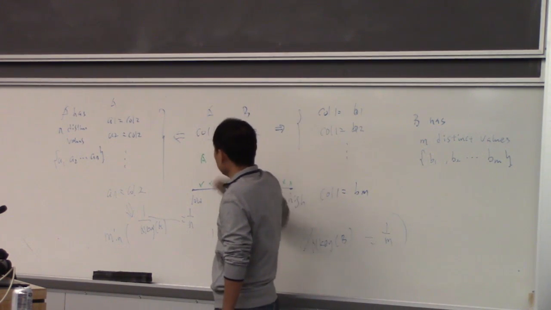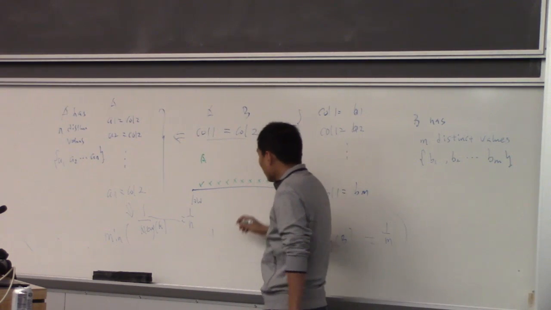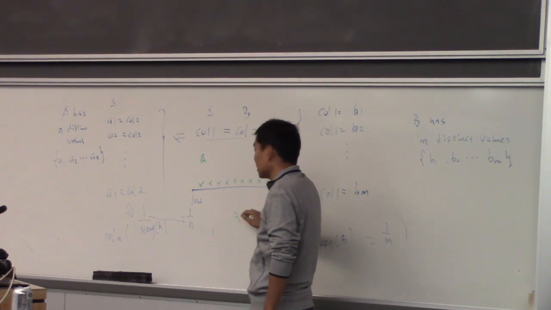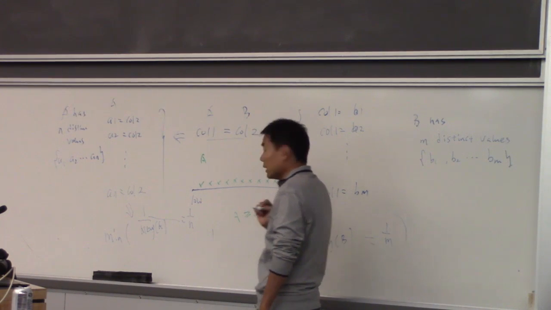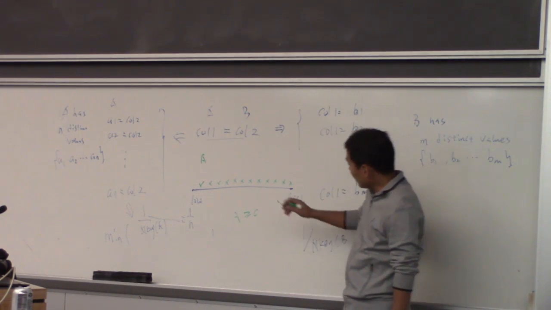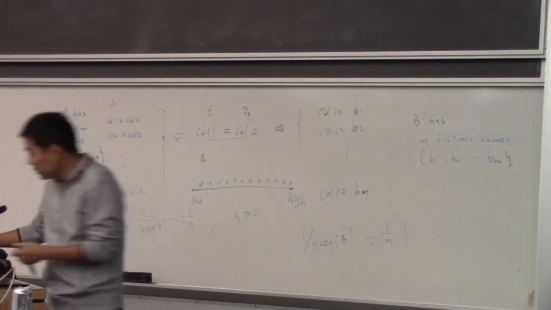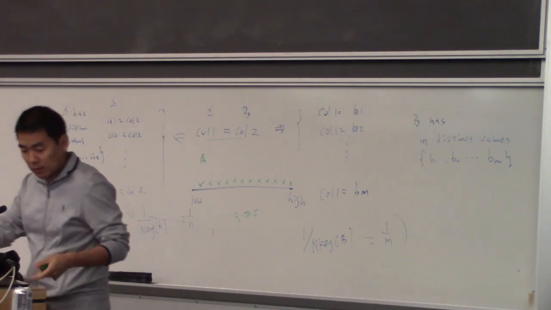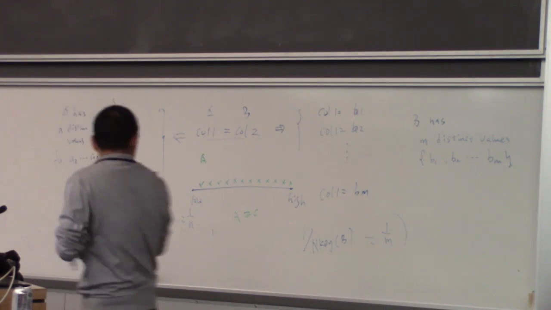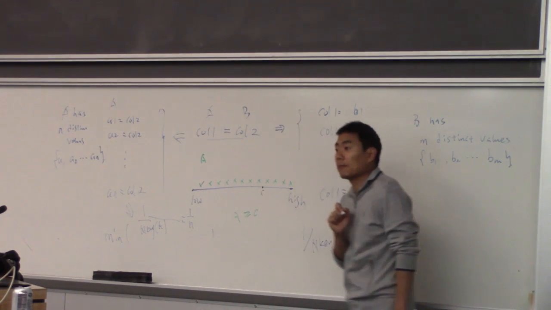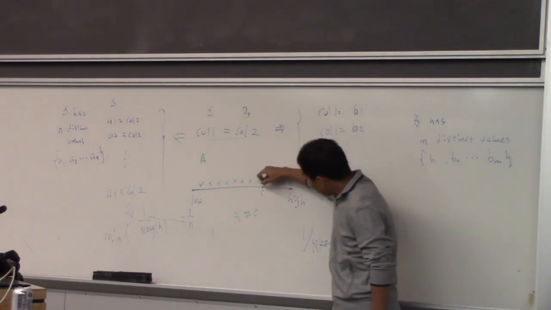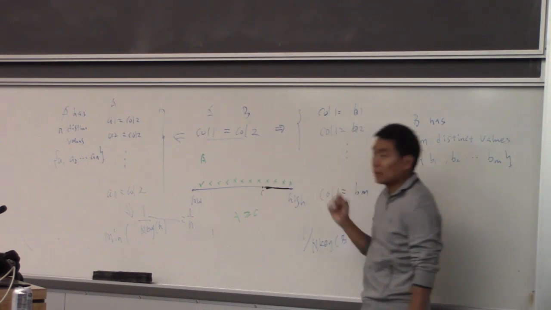Let's say this value is A. What you're asking is, what's the selectivity for A greater than or equal to a particular constant C. Let's say C is right here. You're basically selecting this range.